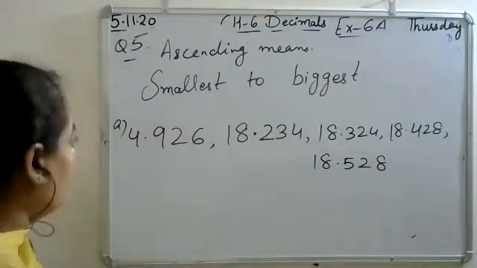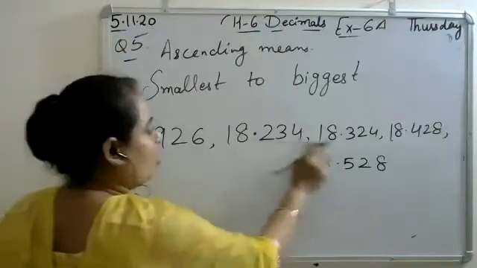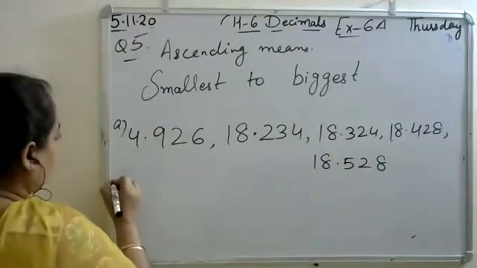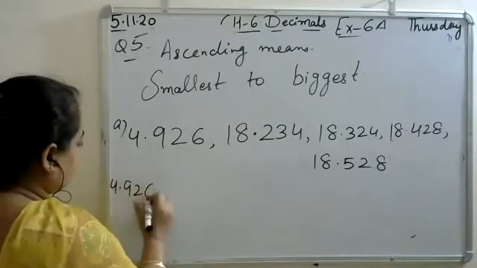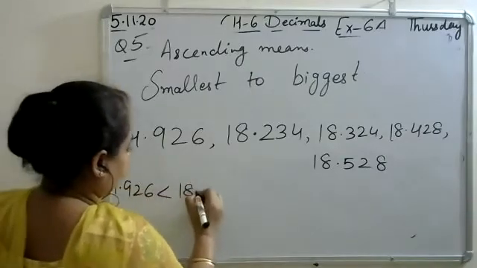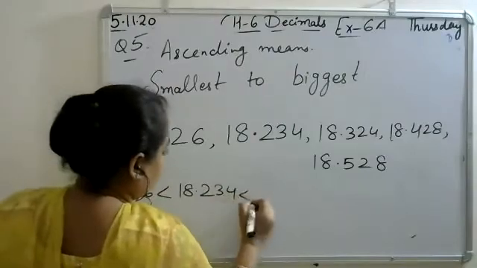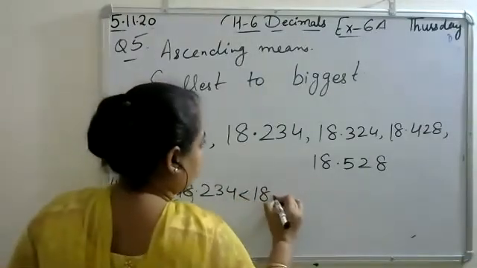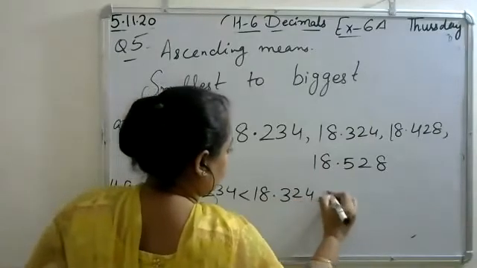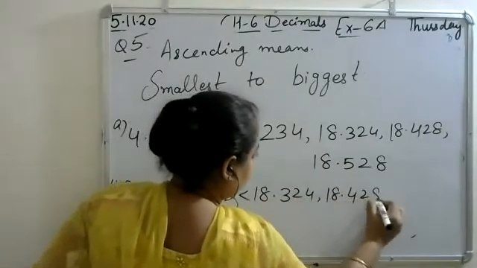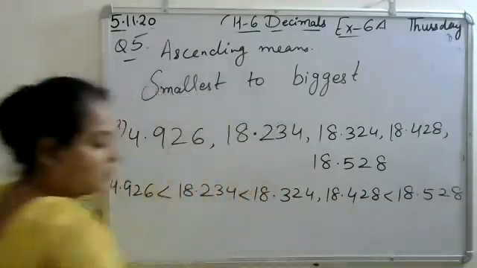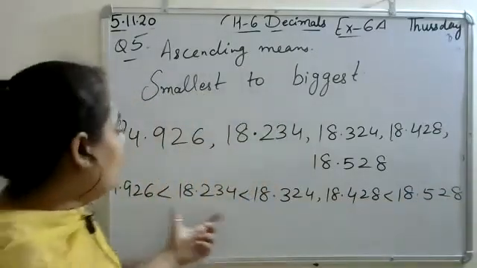First of all, write your solution with commas, then with the alligator symbol. In the end, 4 decimal 926. This symbol is compulsory, and you can write directly also.